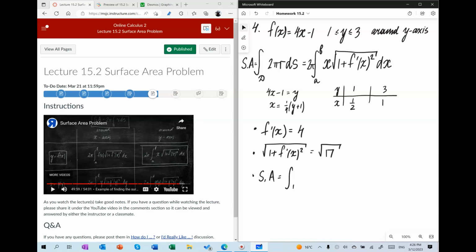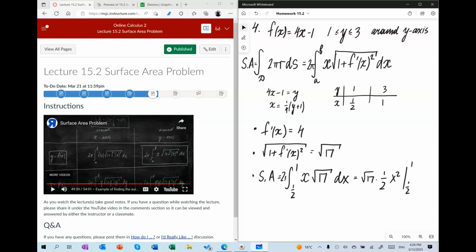It's going to be the integral from 1/2 to 1 of x times square root of 17 dx, which is square root of 17, 1/2 x squared from 1/2 to 1.